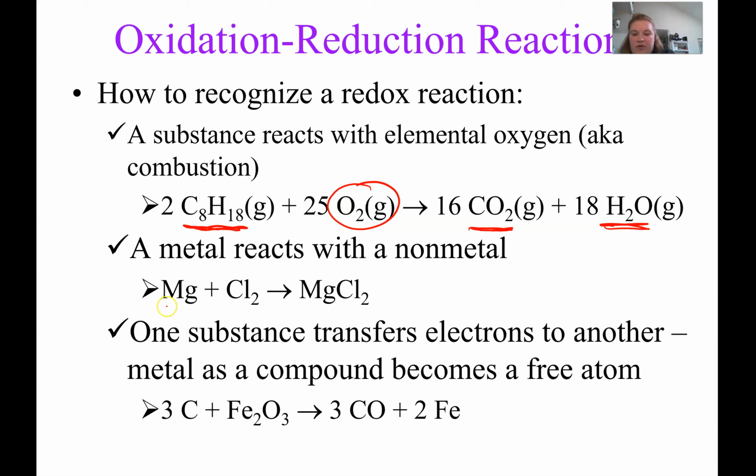So they both go from being neutral to being charged. And then the last one is if one substance transfers electrons to another. And this can be hard to see, but the way to recognize it is if we have a metal that's in a compound, but now it's free, that's one way to identify that this has occurred.